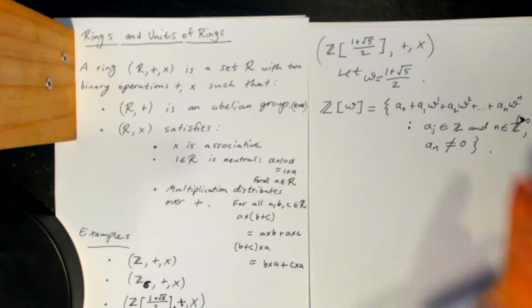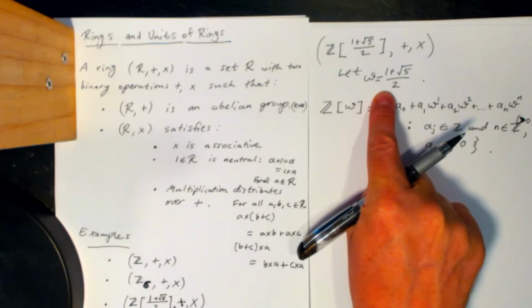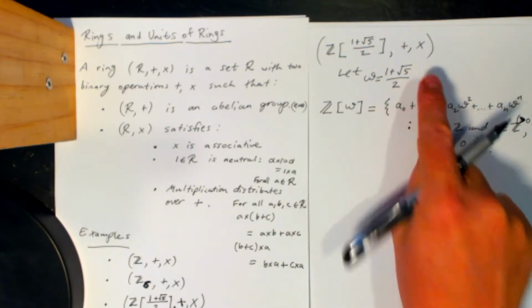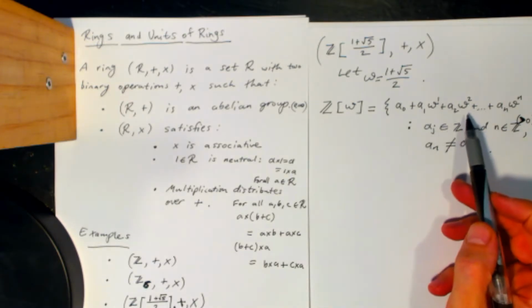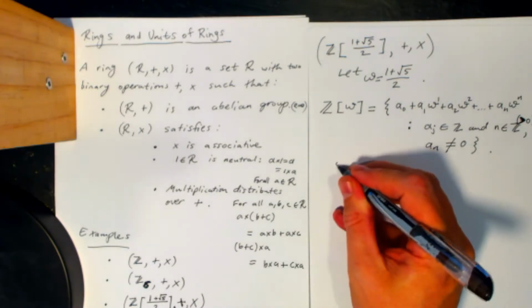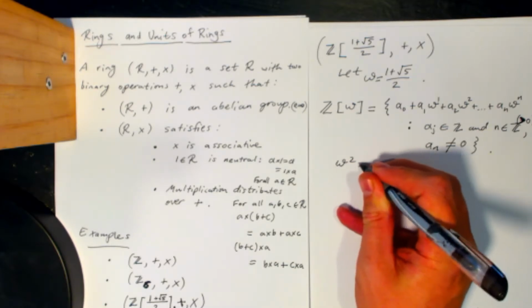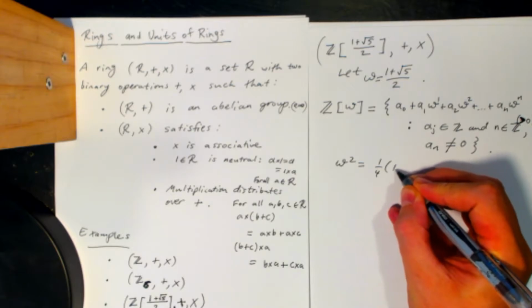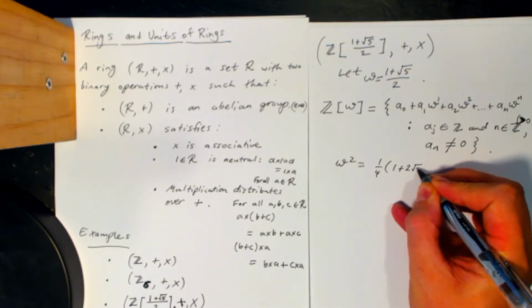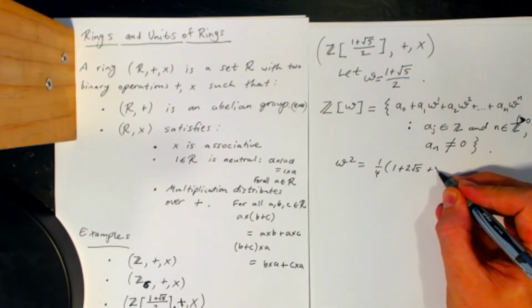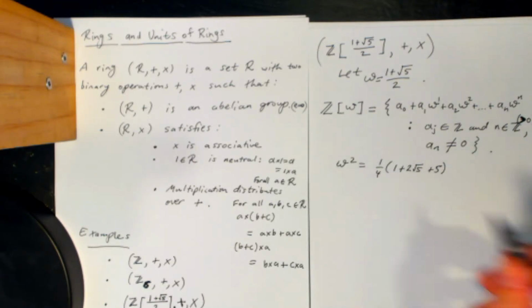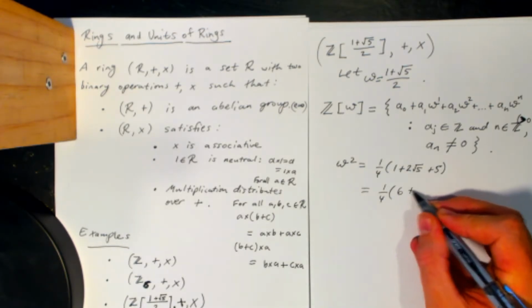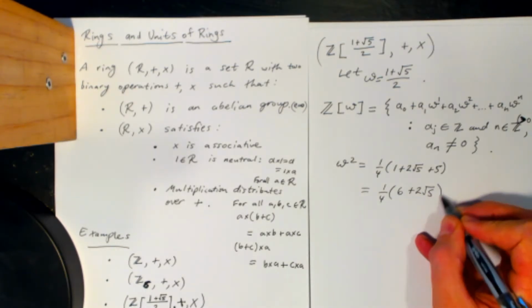Now, if you notice there's something nice about this number, that's a square root, right? So let's just work out what omega squared is. Omega squared is equal to 1/4 times (1 plus 2 root 5 plus 5). If we simplify this, we have 1 over 4 times (6 plus 2 root 5).